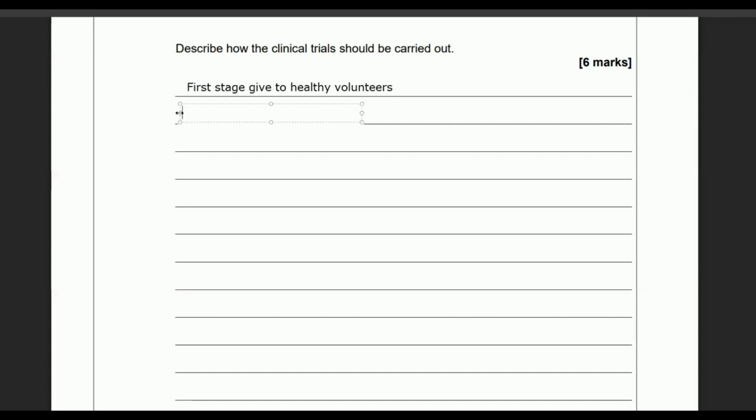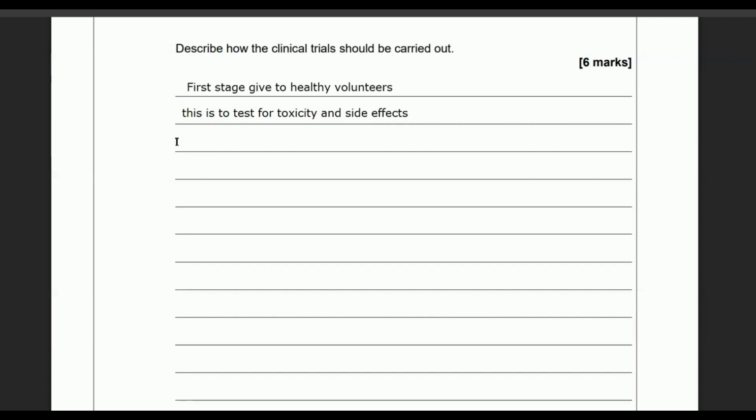If you wanted to know why they do that, it's in case there are any side effects, and sick people with weaker immune systems, the side effects would be worse for them. So anywho, we give to healthy volunteers in the first stage. This is to test for toxicity and side effects. So we want to see if there's any side effects or if it's toxic or dangerous.